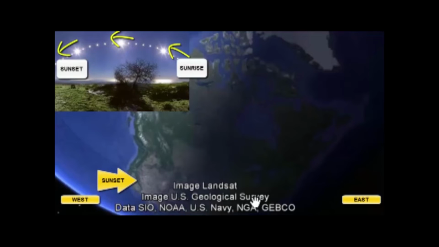That's exactly the reason why it appears that the sun rises in the east and sets in the west: because of Earth's rotation. Its movement is counterclockwise. I hope it's clear, guys.